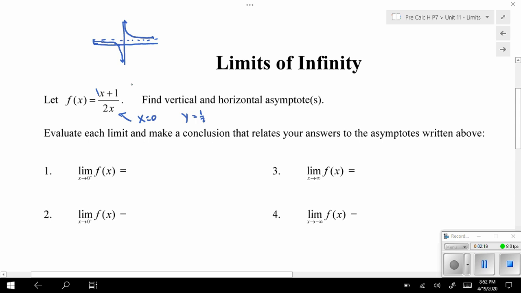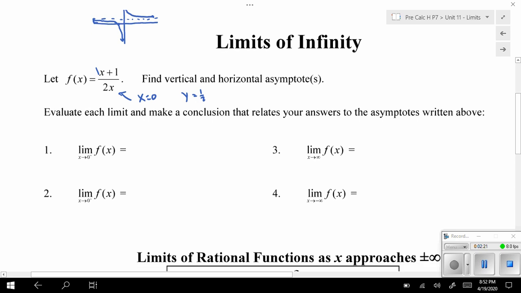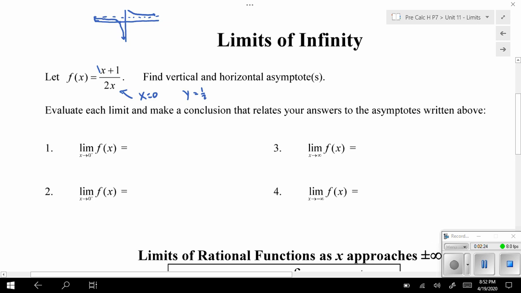And so we can actually start to answer some of these questions, like the limit as x goes to 0 from the left. Well, if I do direct substitution here, I'm going to get 1 up top. 0 plus 1 is 1 over 2 times 0 is 0, which tells me that it's going to go to positive or negative infinity. So this is where we think about this. If I'm going to 0 from the left side, I kind of break a rule here. 0 is neither positive nor negative.